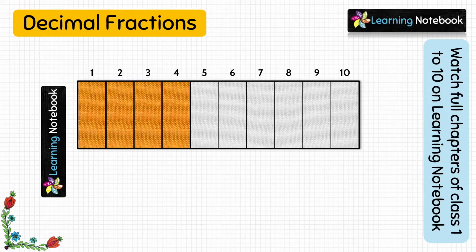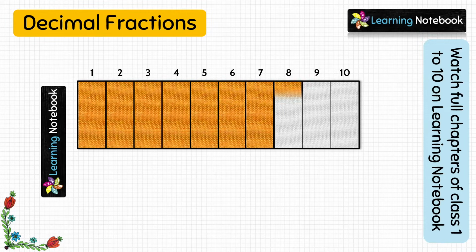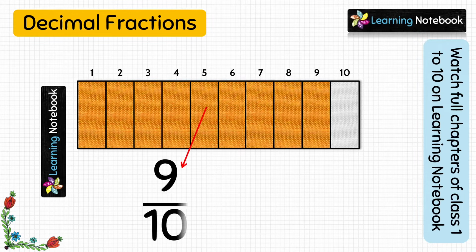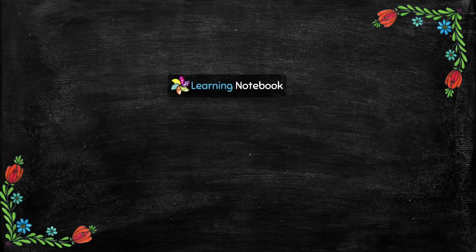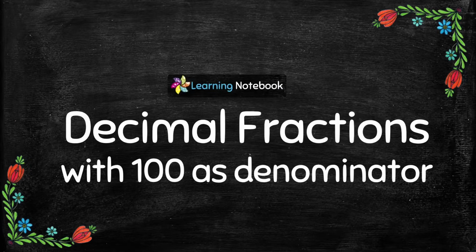In the same manner, if we color 9 parts of this cutout, then the fraction of this colored portion is 9/10 and the corresponding decimal number is 0.9. Now I'm sure you have understood decimal fractions with 10 as denominator.